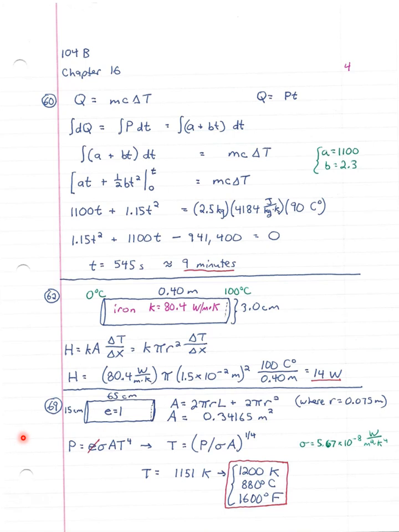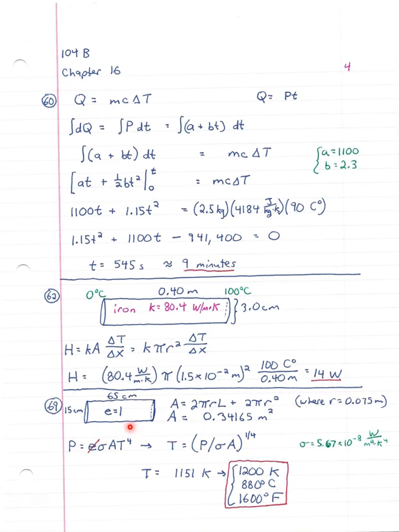Number 69. A cylindrical log, 15 centimeters in diameter, 65 centimeters long, is glowing red hot in a fireplace. The log's emissivity is essentially 1. If it's emitting radiation at the rate of 34 kilowatts, what is its temperature? Okay, so we have an emitter here, and we will need to know its area. Area for a cylinder is, we need the 2 circles on the ends, so 2 pi r squared.